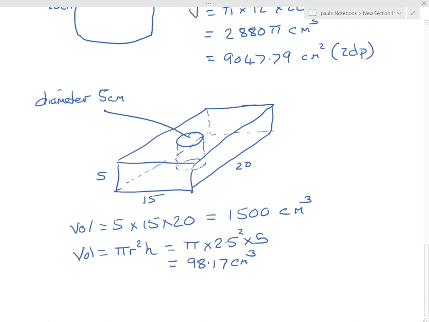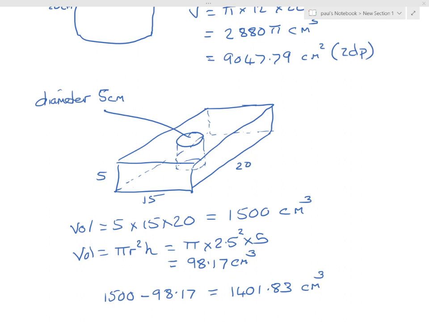And to find the volume of the block of wood that's left, we're going to do the whole thing, 1500 minus 98.17. And that will equal about 1401.83 centimeters cubed. So you're finding one from the other.